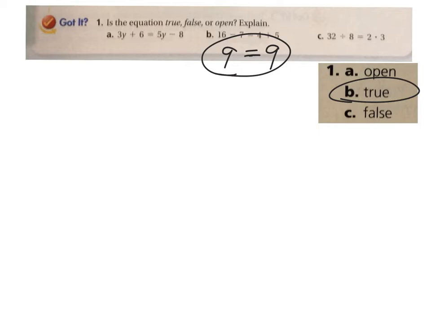And then the last one, over here, we have 32 divided by 8 and 2 times 3. Well, 2 times 3 is 6, right? And 32 divided by 8, I don't think so. So the two sides are certainly not equal, because in this case, 4 does not equal 6. Again, definitely not here on planet Earth, so that is a false statement.